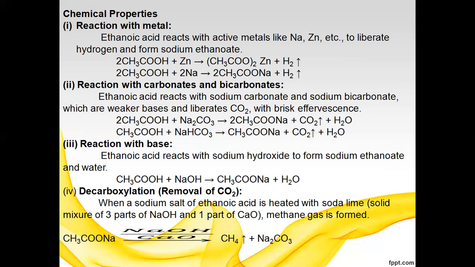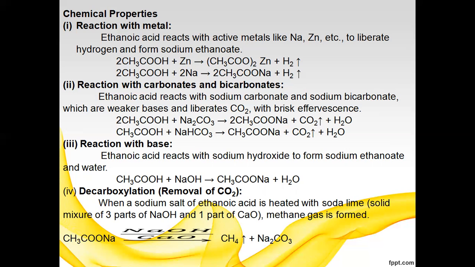The next one is reaction with carbonates and bicarbonates. Ethanoic acid reacts with sodium carbonate and sodium bicarbonate, which are weak bases, and liberates carbon dioxide with brisk effervescence.